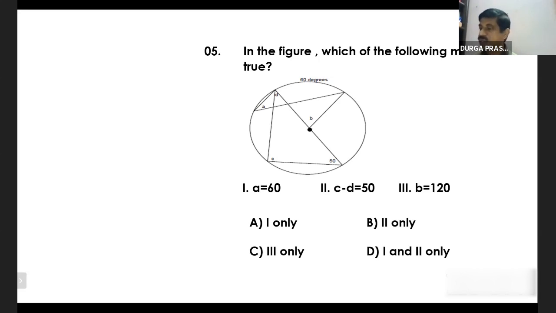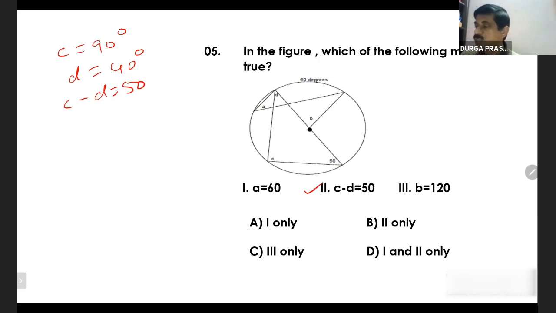Angle A equal to 60 degrees, C minus D equal to 50. This C is angle in a semicircle, so that should be 90. So if this is 50, angle D should be 40, because sum of the angles in a triangle is 180. So C minus D equal to 50. So option 2 is right.